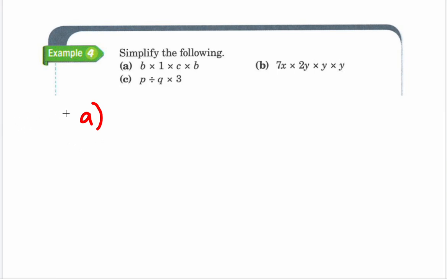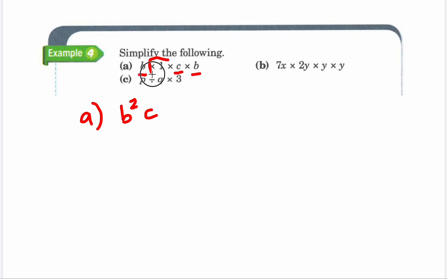Okay, so let's take a look at A. We have 2 b's that I notice, so I can change that into b squared, and then we have a c. Remember, we don't like the multiplication sign in between, that x, because it's going to look like a variable of x. So I end up with b squared times c written with it smushed together.